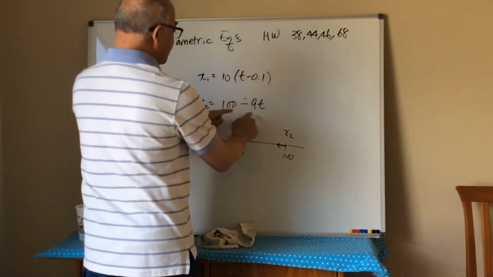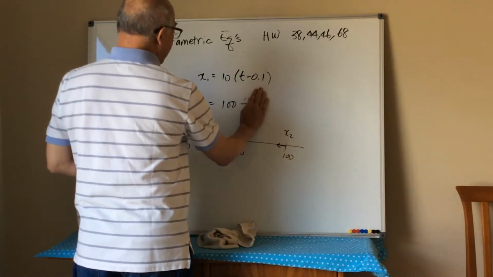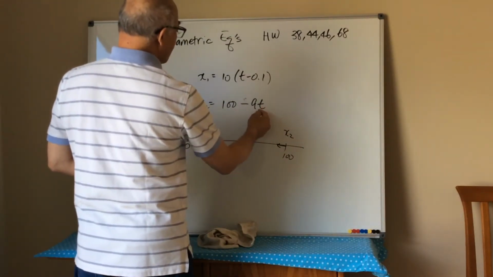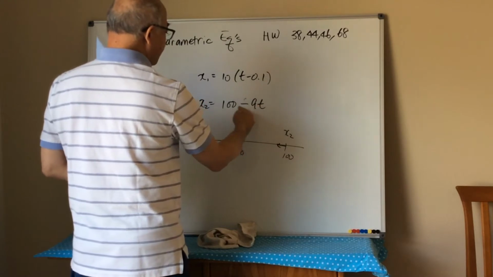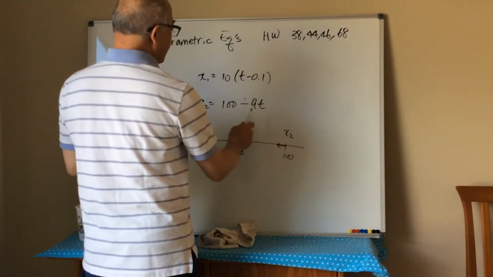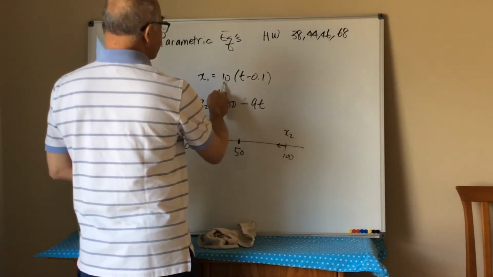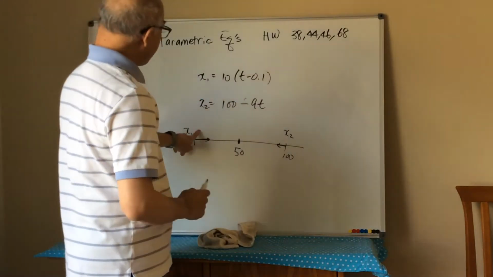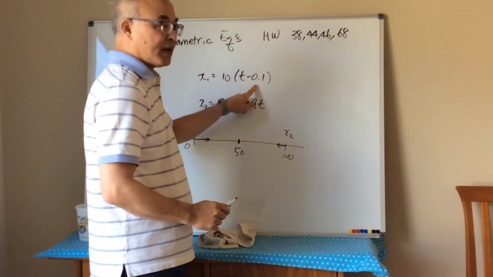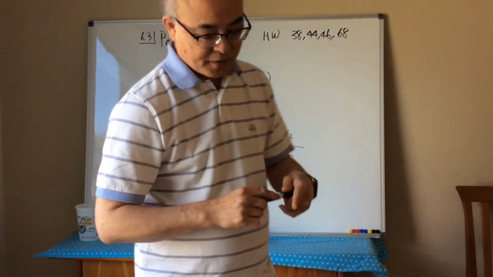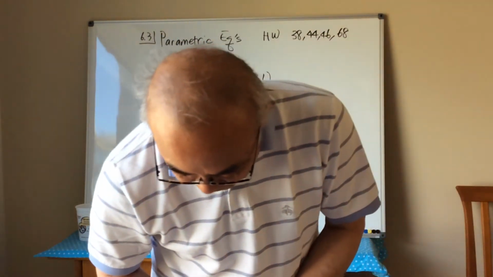Started at 100. When t is equal to 0, I'm at 100. But he's going in this direction, negative 9, so he's going at a speed of 9, where this guy's going at a speed of 10. So this guy's going faster, but he got a later start, right? Okay? So that's what's going on here.